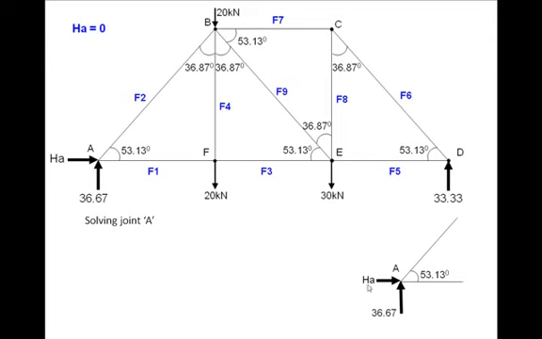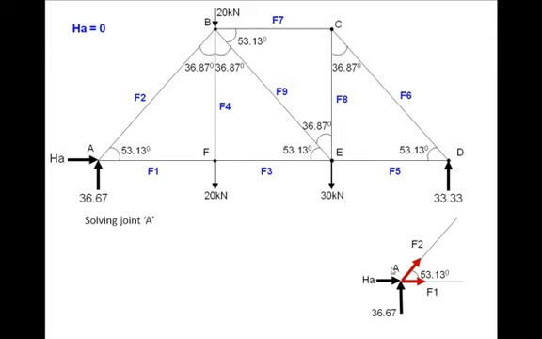One is HA, another is 36.67, another is F1, and another is F2. Now HA is 0, 36.67 we already worked out. F1 and F2 are unknowns at the moment, so I don't know their direction, so I assume them to be away from the joint. Assuming them away means I assume them as tensile.